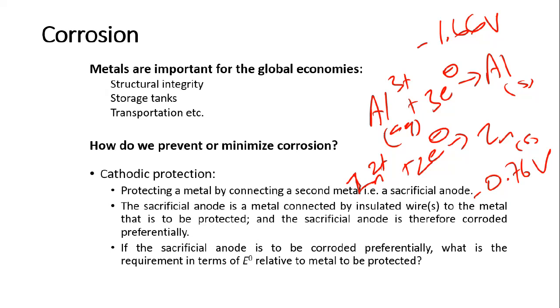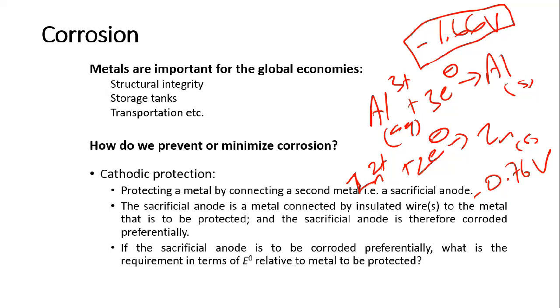Now if you are trying to arrange an electrochemical cell using these two metals, zinc and aluminum, I am saying to you that the aluminum would be the anode. The aluminum would undergo oxidation, whereas the zinc will undergo reduction. In other words, the zinc would form the cathode, aluminum would form the anode.